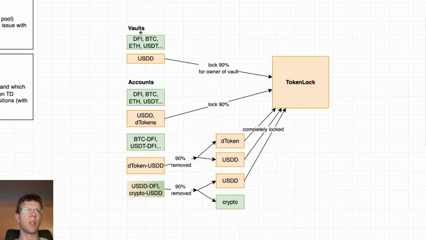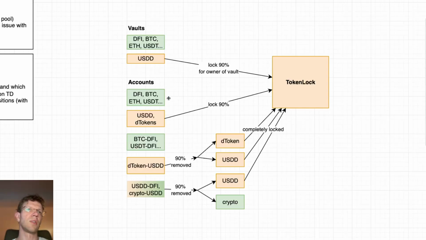So if you look at an account, we have a vault in that account with collaterals. All the crypto collaterals stay untouched. Just the USDD collateral is locked, 90% of it is locked for the owner of the vault. The lock just has balances for accounts, for addresses, and that's locked for the owner of the vault.